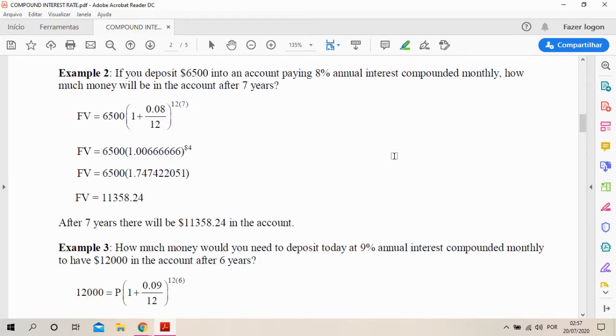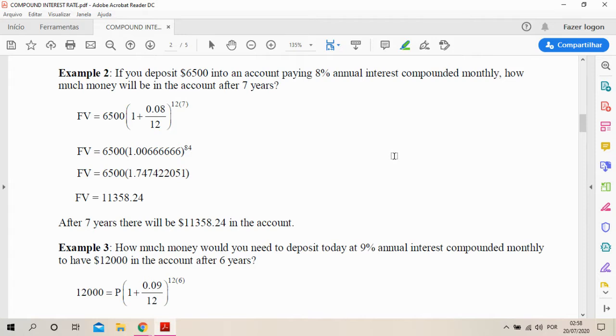Let's see exercise number 2. If you deposit $6,500 in an account paying 8% annual interest compounded monthly, how much money will be in the account after 7 years? So the interest rate is 8%, but we are not going to use 8.